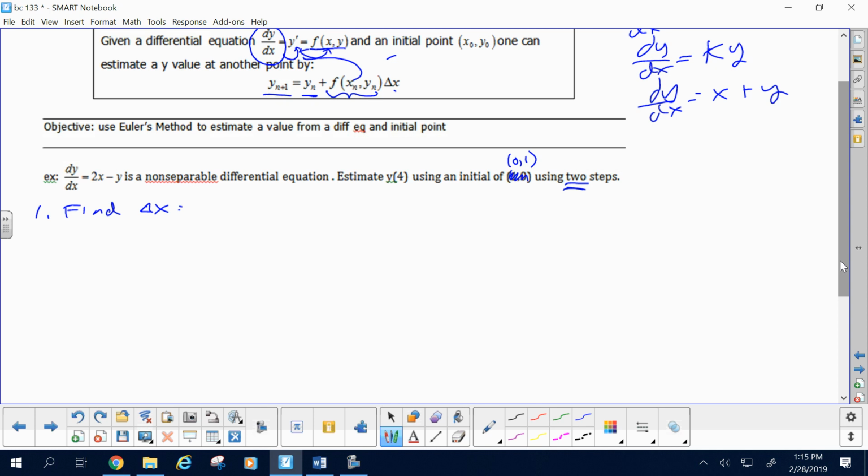Delta x is the difference between the x's, let's call it x final versus x initial, over the number of steps. So in this case, we're going from an x of 0 to an x of 4 in 2 steps. And so the delta x is 2.